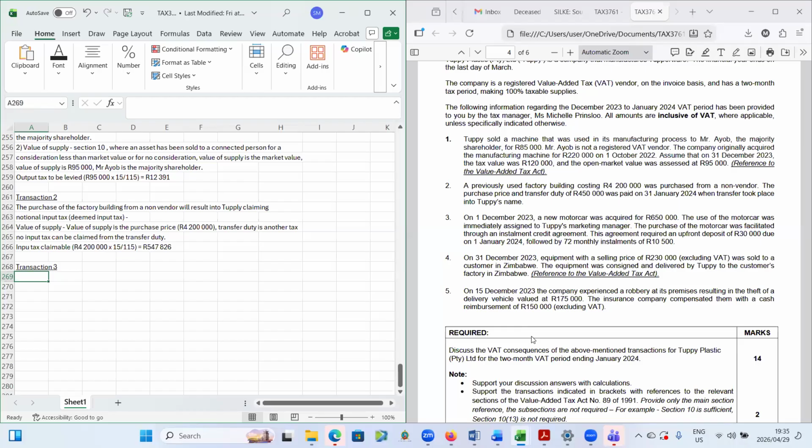The purchase of a motor car is input tax denied, as a motor car is defined. Input tax is denied on the purchase of the motor car.